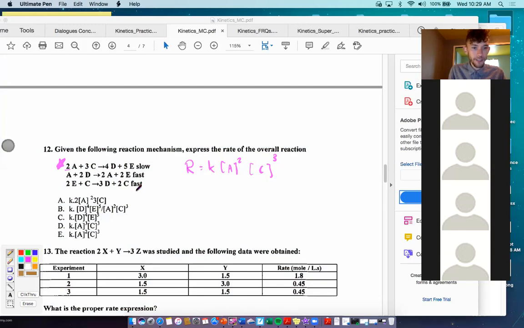It does not look like to me the C is an intermediate, because it is true that I get some of it that's produced in this fast step here. But it looks like C is a reactant in that step. So C is truly not an intermediate. It is a true reactant. So that is going to be a good rate law, I believe. So the answer should be E once again.